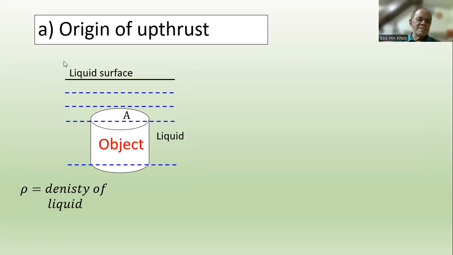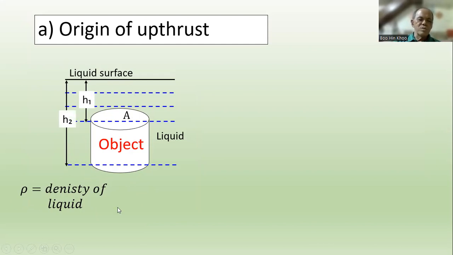Origin of upthrust: let's consider this is the whole volume of liquid. There's your object, a cylinder, can be any shape, but we choose cylinder because it's easier, or it can be a cube. The top surface is H1 below the liquid surface. The bottom surface of the object is H2 below.